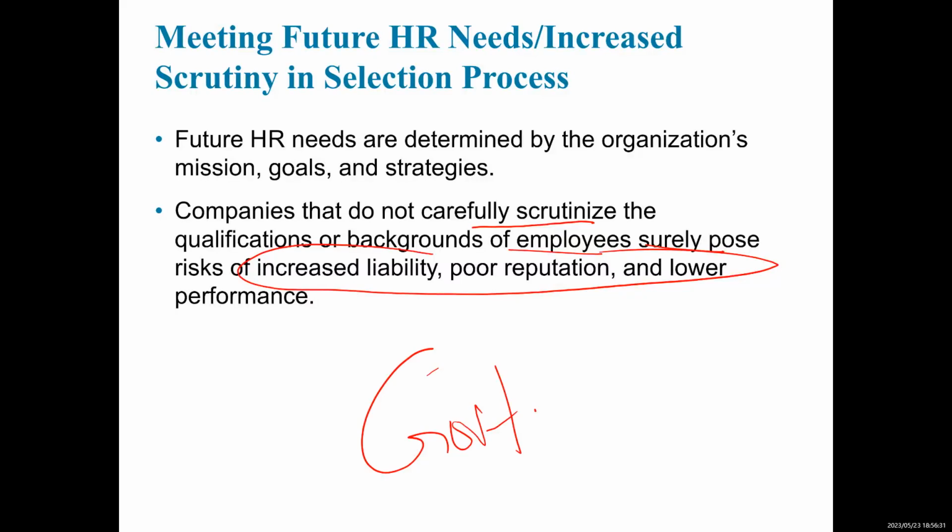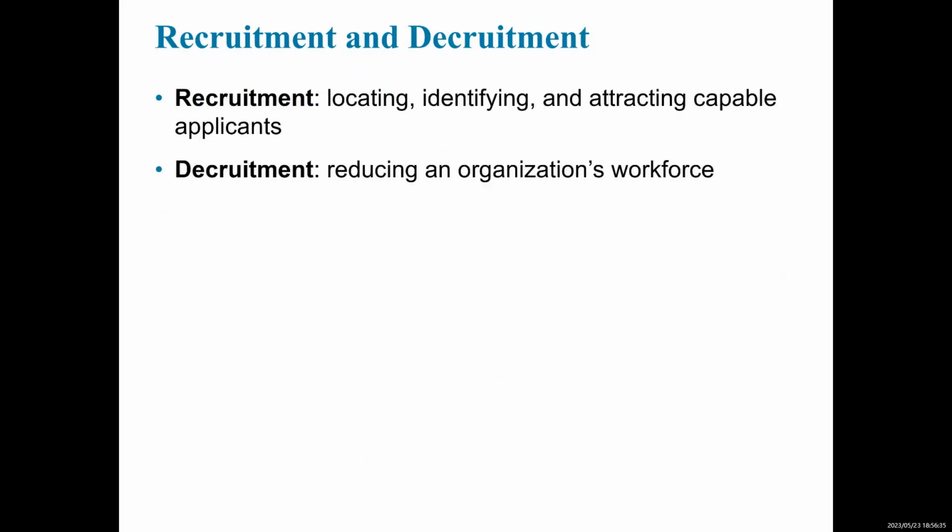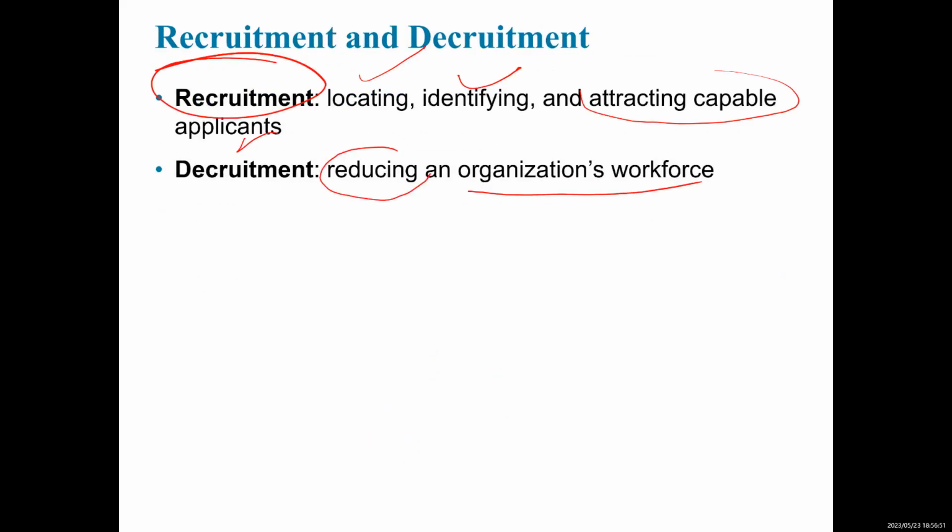So when the staff is understaffed, then we go for recruitment, which means locating, identifying, and attracting capable applicants. And decruitment means reducing an organizational workforce by firing, or by giving them retirement, this kind of stuff.